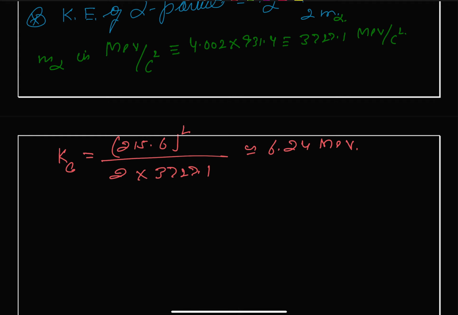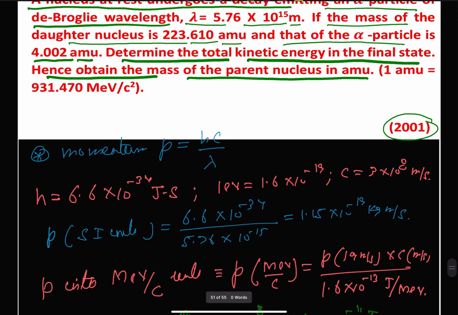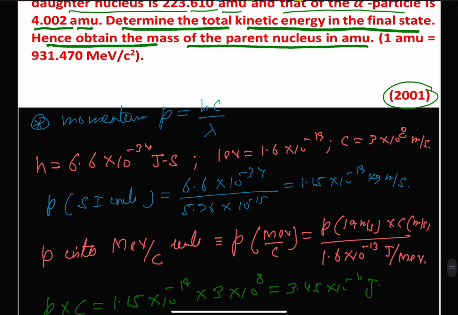And finally, we are supposed to find out the total kinetic energy as well as the mass of the parent nucleus. Okay, now we can easily use the conservation of momentum and energy with respect to the daughter as well as the total kinetic energy.